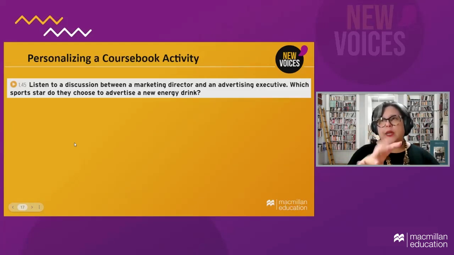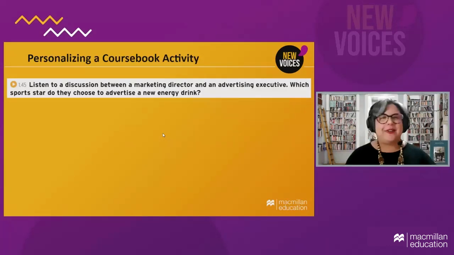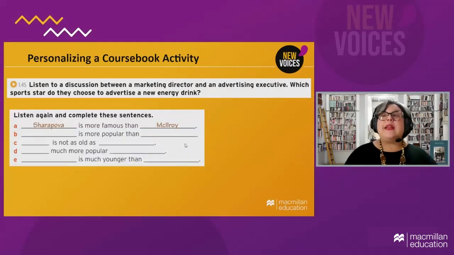I'm not going to play the listening, but I will tell you the answer. It is Cristiano Ronaldo, because Cristiano Ronaldo is famous around the world. They listen once, okay? And then they listen again to complete the sentences, because here is the comparative form.